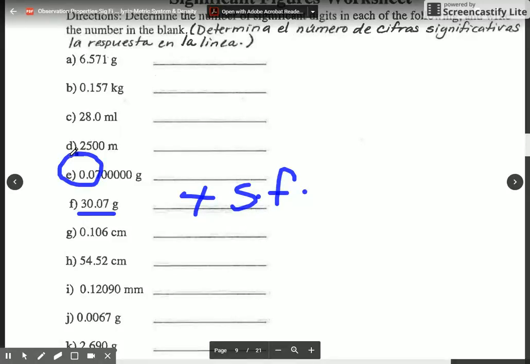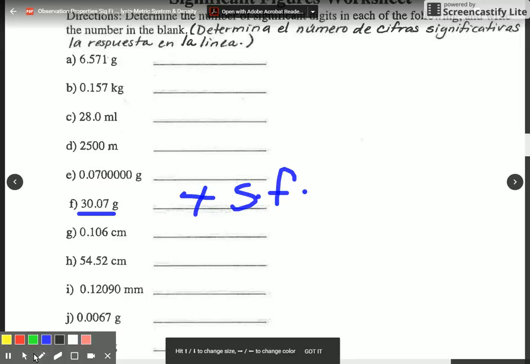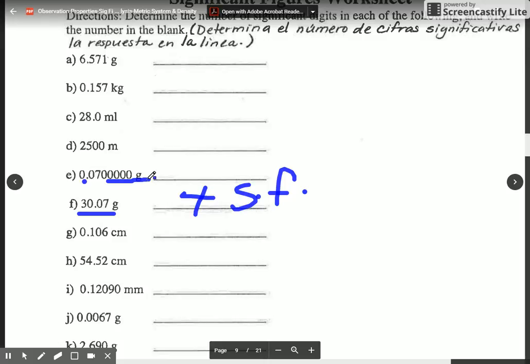So those zeros you don't count. Okay? You don't count them. So those are out of the way. Now, if you look at this number, you have that decimal there. So that means that there's a decimal present. So these zeros that are behind that 7 have to count. You have to count them.